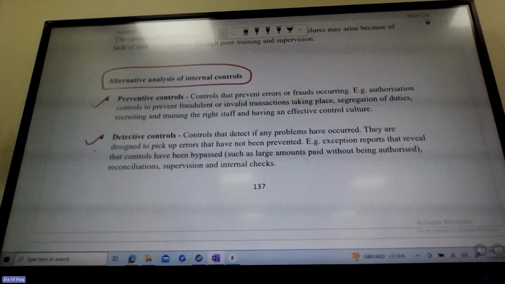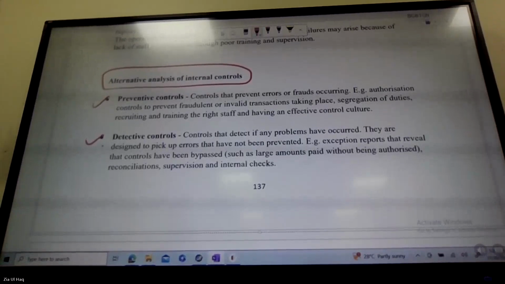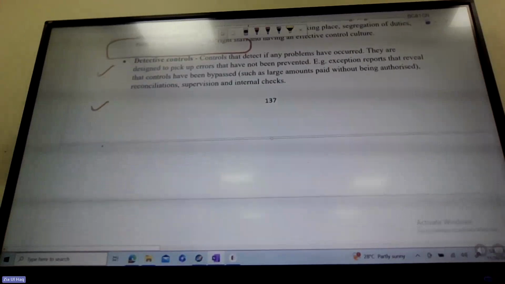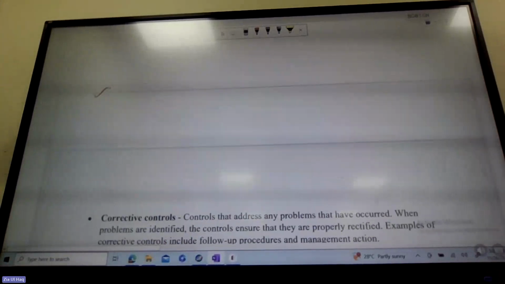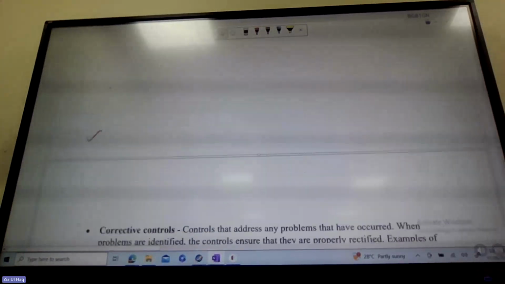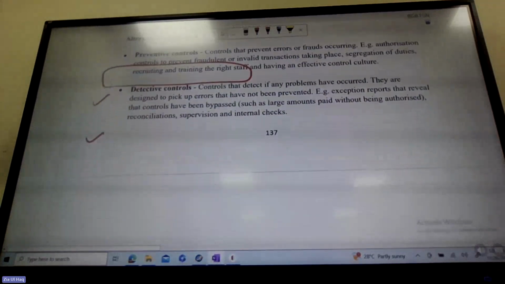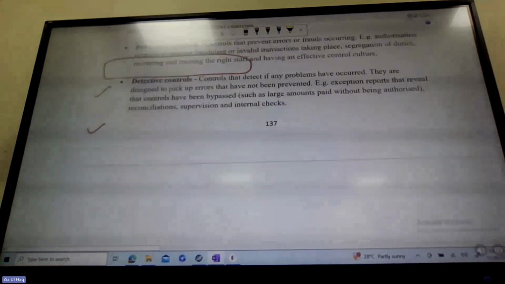Detect means that through the internal auditor, he will review different things and he can detect fraud and errors. And then management needs to correct those fraud and errors so that financial statements can be produced true and fair.